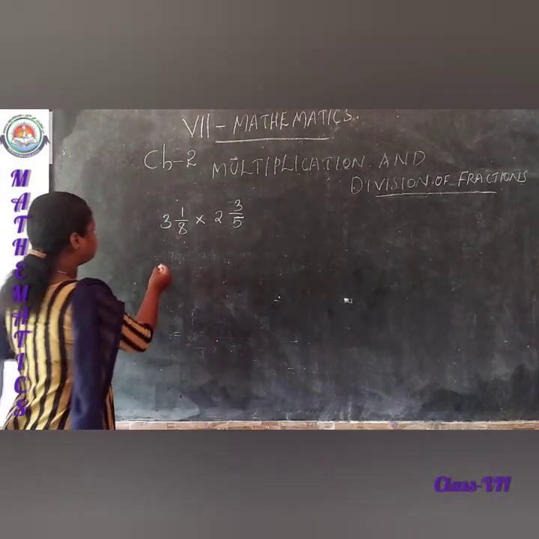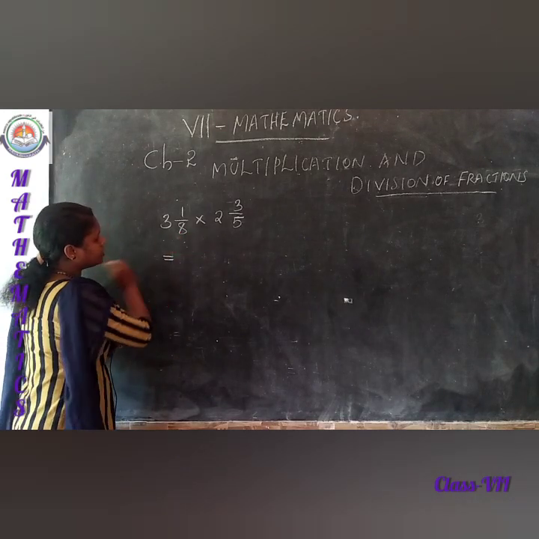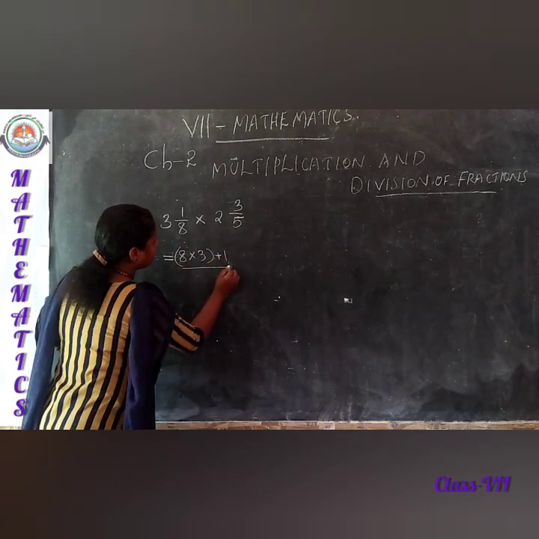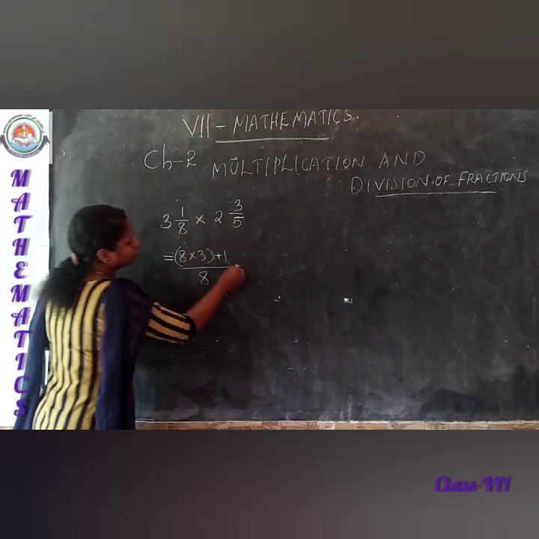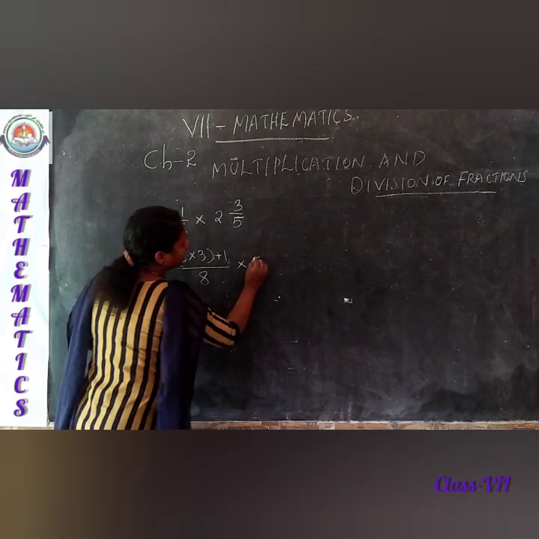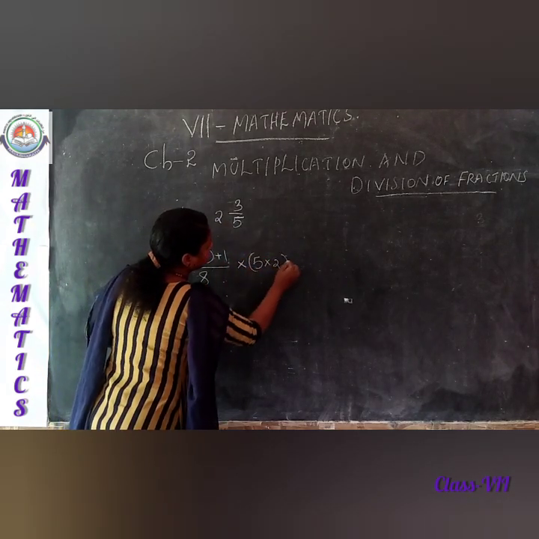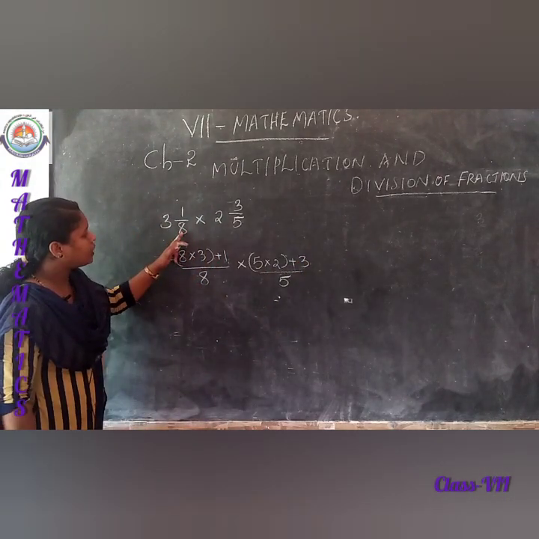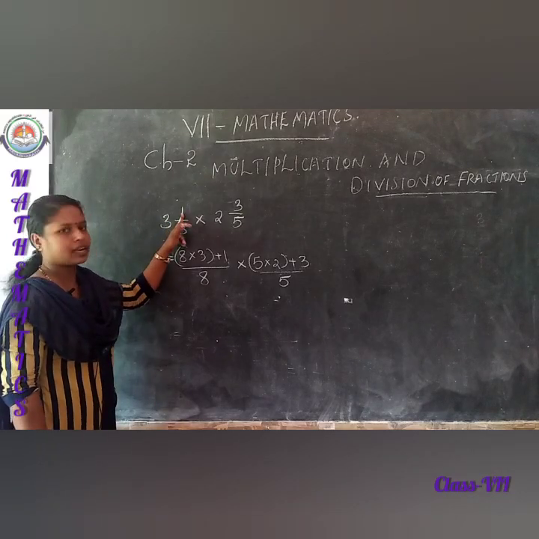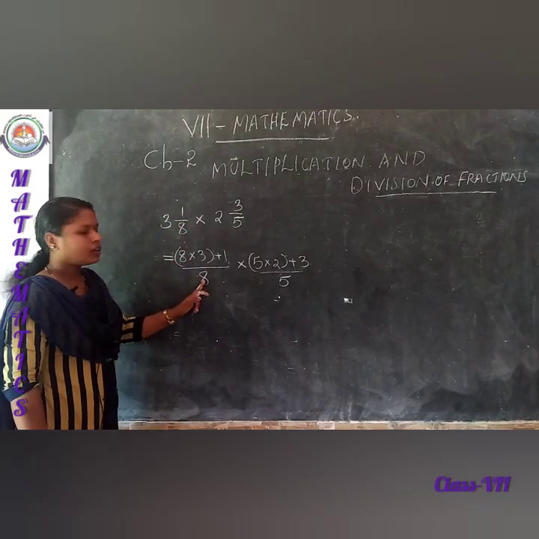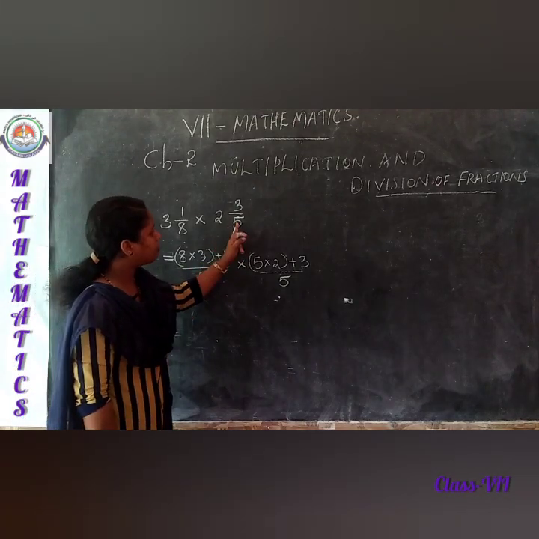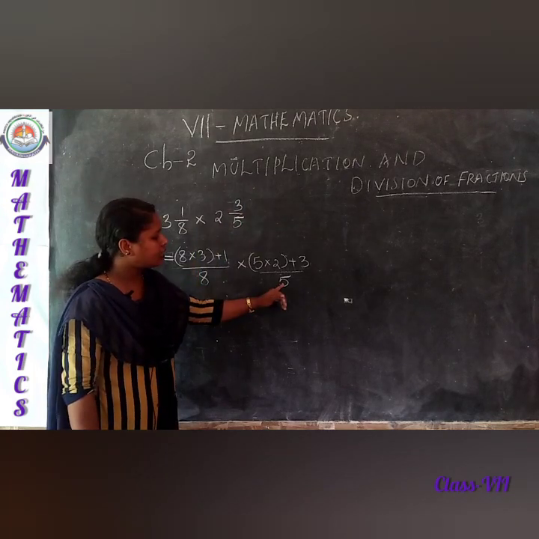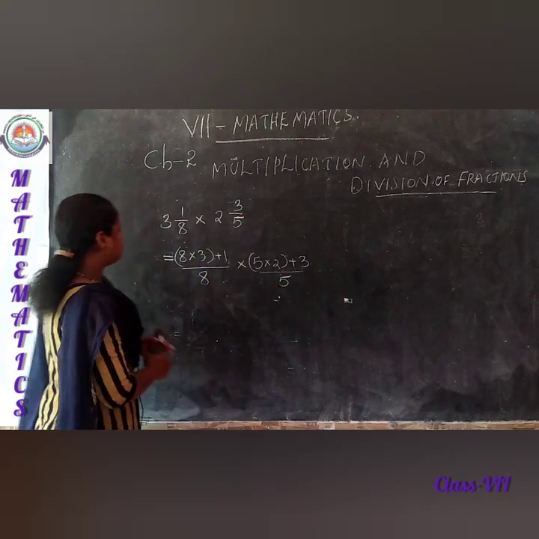That is 8 into 3 plus 1 by 8, into 5 into 2 plus 3 by 5. That is denominator into whole number part plus numerator by denominator, and here also denominator into whole number plus numerator divided by denominator.